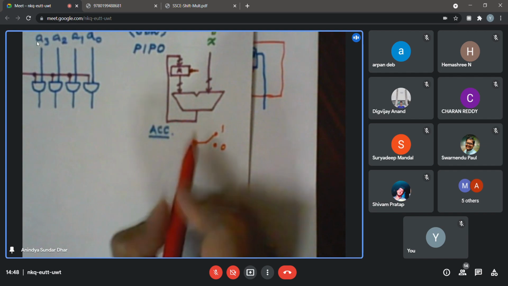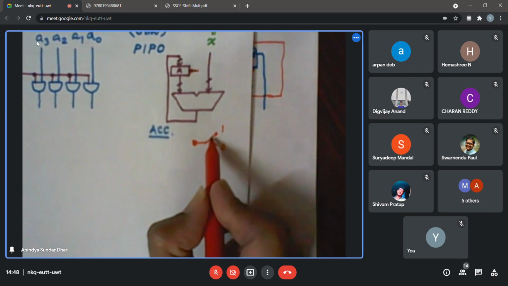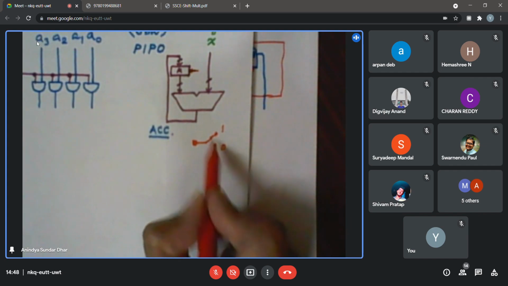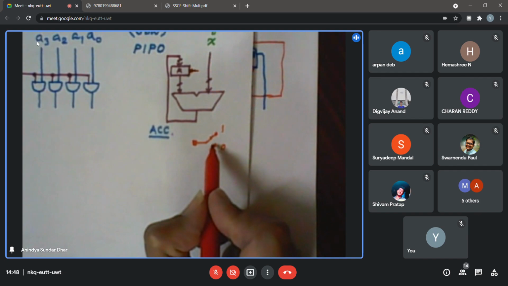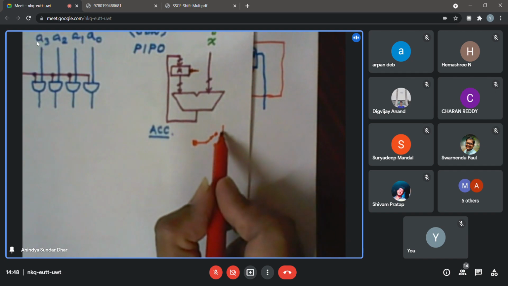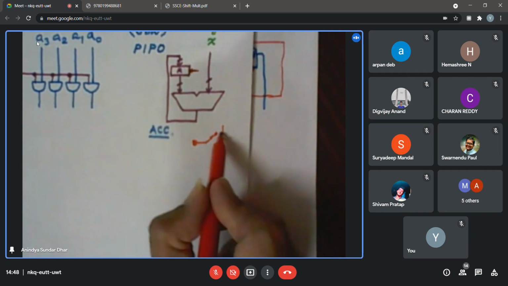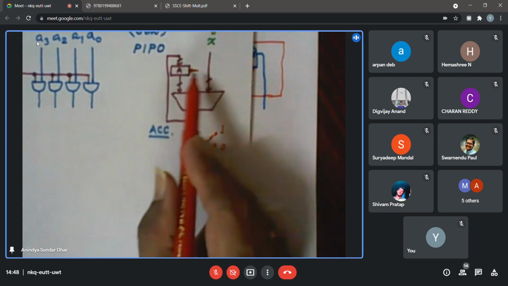Suppose you connect it to the master reset. On clicking the mouse, it will flip between 0 and 1. On clicking, it will come to 0, indicating reset. After running the simulator, if you click in here, then it will be master reset. Once again click, it will go back to the high position. So it will become cleared and ready for further operation.